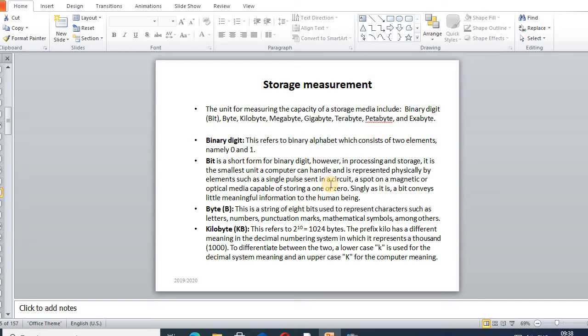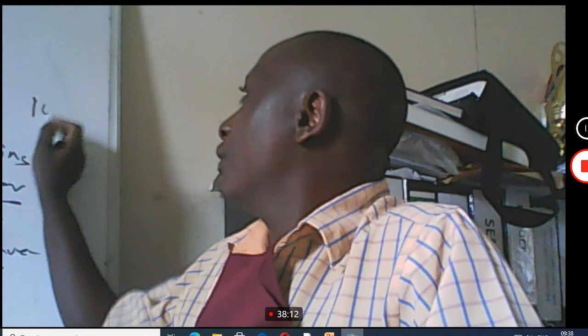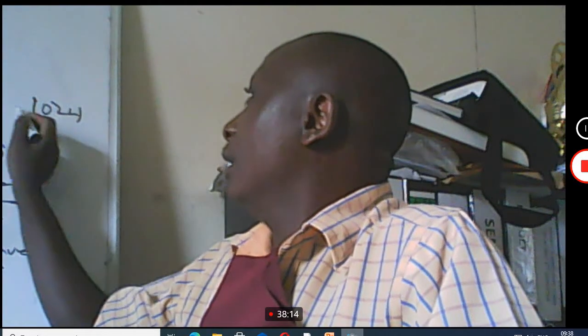The prefix kilo has a different meaning in the decimal numbering system, in which it represents thousands. To differentiate between the two, the lowercase k is used for the decimal system meaning, and the uppercase K is for the computer meaning. Are we together? So here you need to be careful when we are talking about kilobytes. When you're talking about the kilo in a computer, we mean 1024.